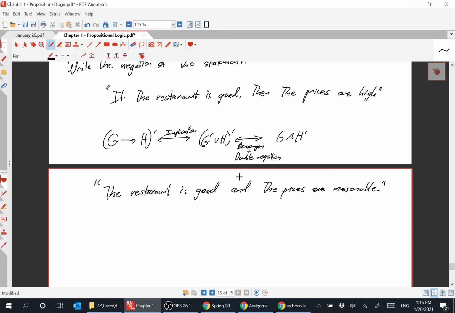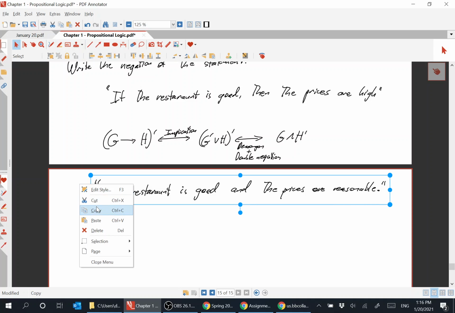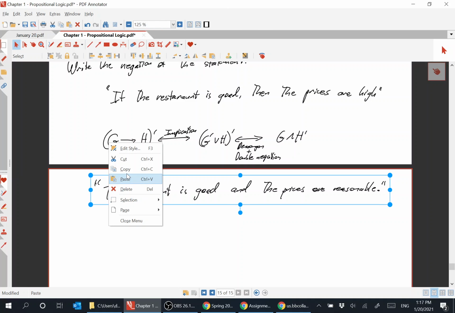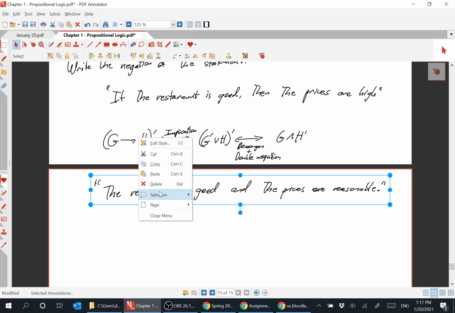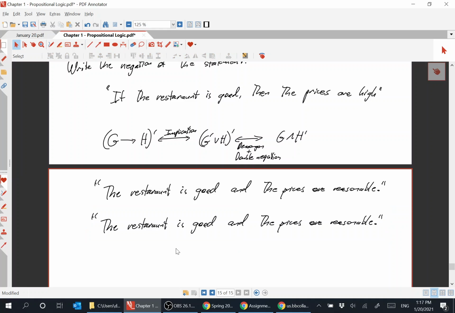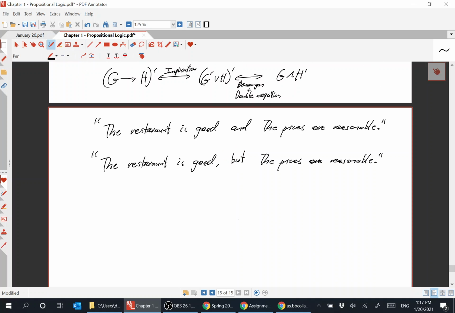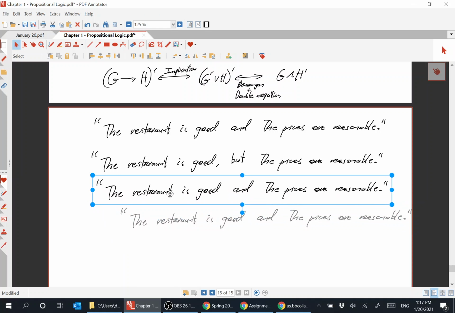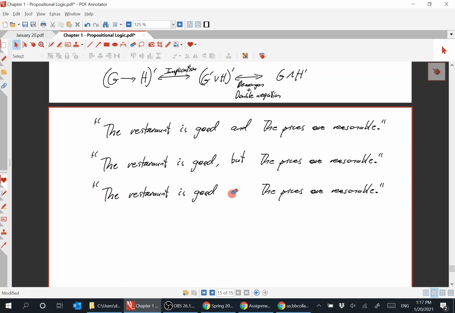But since it's a negation of an if-then statement, rhetorically people might say, like, the restaurant is good, however, the prices are reasonable, or but the prices are reasonable.